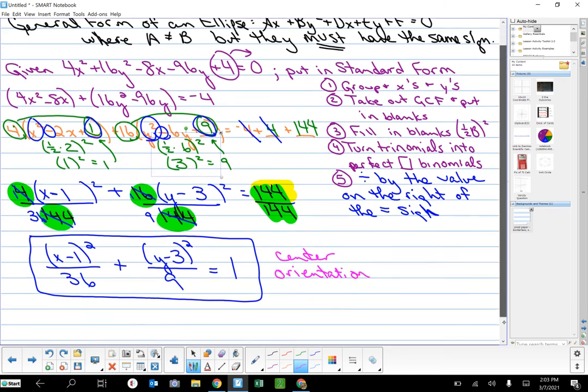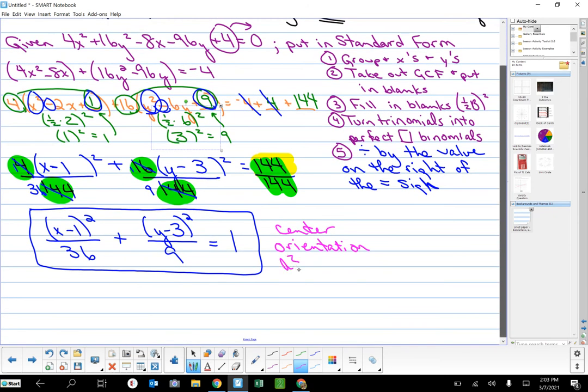And if you were going to graph, we would want to know what is a squared, what is b squared. So let's do that. What is the center of this thing? You fill it in. It's going to be 1, 3. The orientation is going to be horizontal because the a squared is 36 and it's underneath the x.